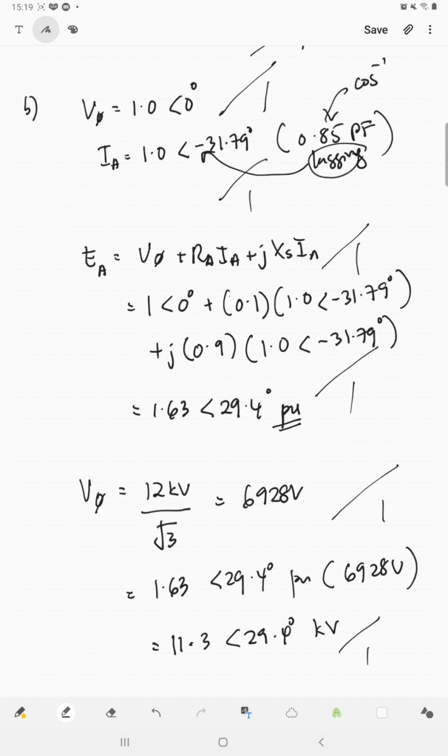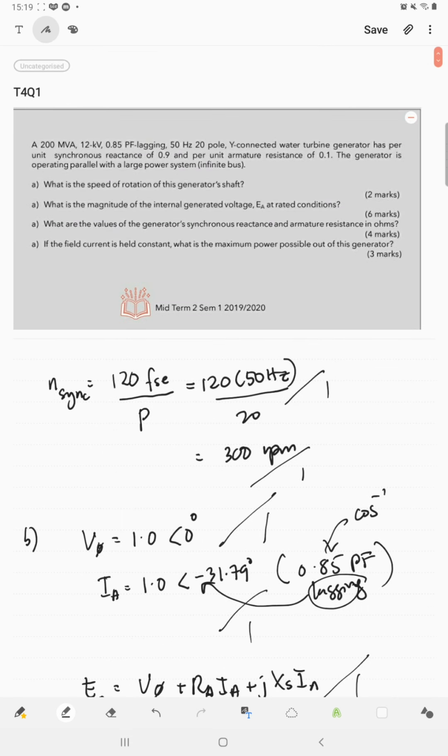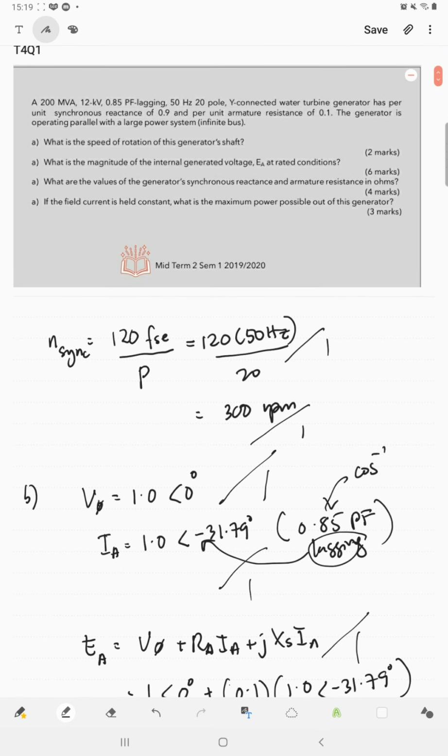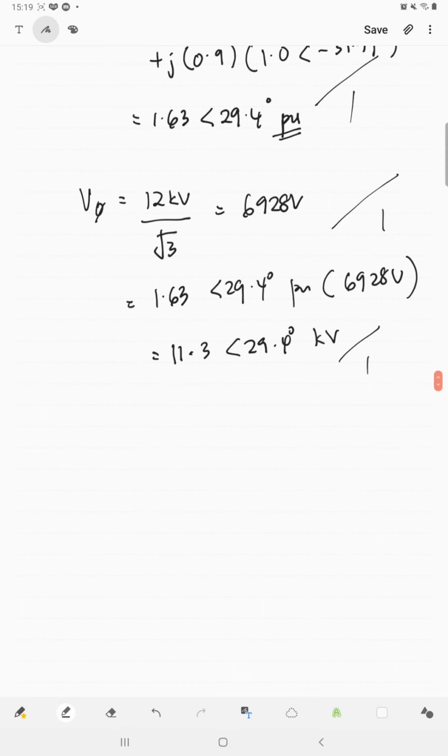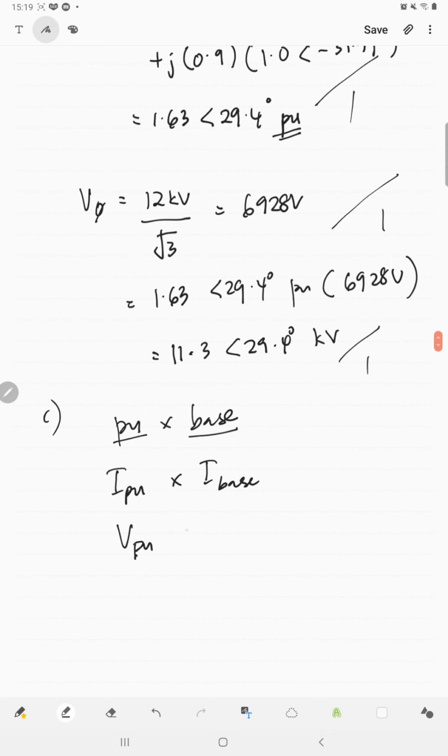Now, because we already calculated the internal generated voltage, the third part asks: what are the values of generator synchronous reactance and armature resistance in ohms? So now he wants the absolute value. Absolute value is always per unit times some base. If per unit is current, we multiply with base current. If per unit is voltage, we find the base voltage.